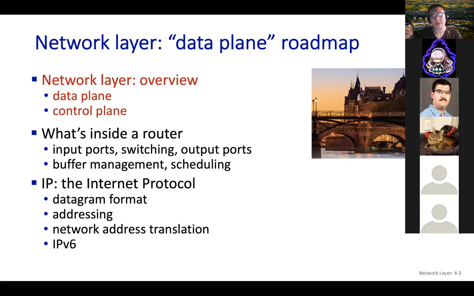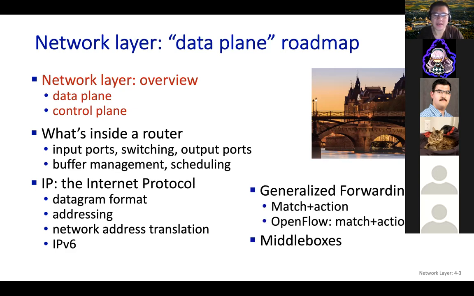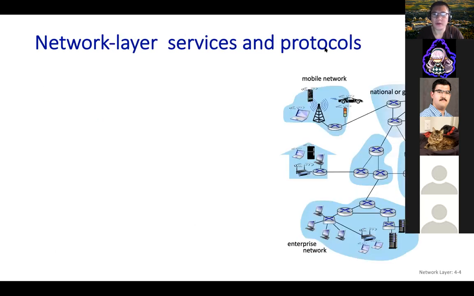Now we are going to IP, the Internet Protocol. That's the network layer. This is something we will cover. And first, what is the network layer service, and the protocol.